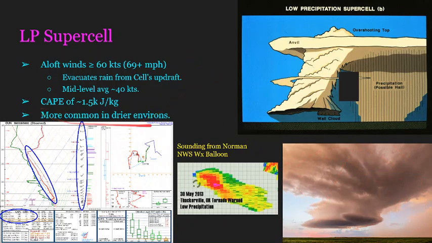And as you can read here after the CAPE, the last part about these cells is that they are more common in drier environments. Drier environments already don't have a lot of moisture to provide a cell, so when combining that with your aloft winds, you're not going to be having rain with these.